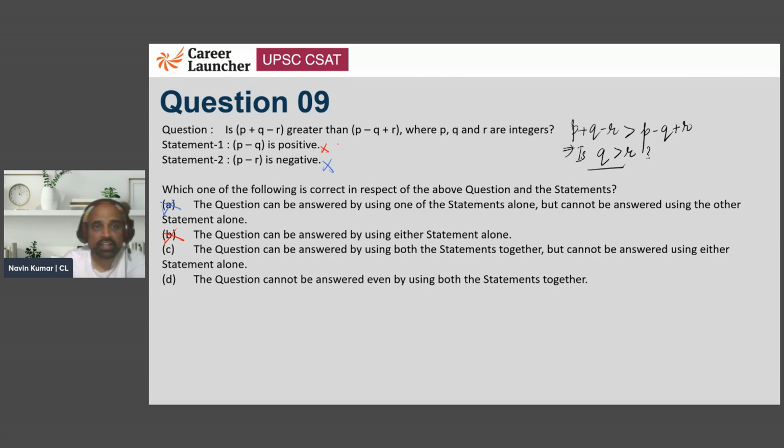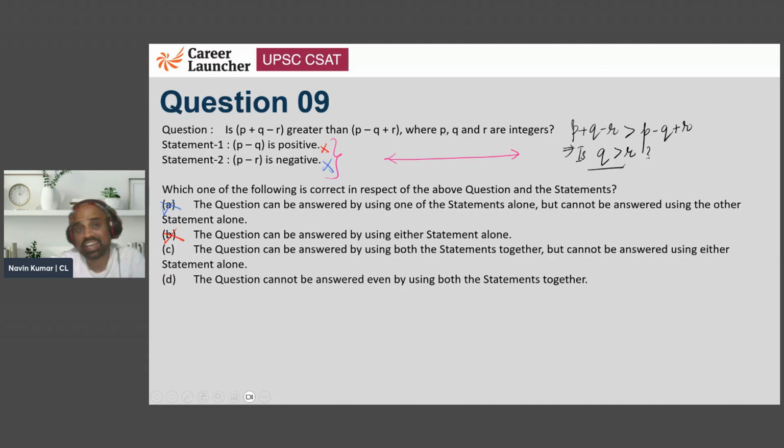Now we will go ahead and club them. If you club them, please understand that on the number line, anything that you write to the right of something has to be a larger value, right? It doesn't matter whether we are dealing with a negative-positive combo, negative-negative combo or positive-positive combo.